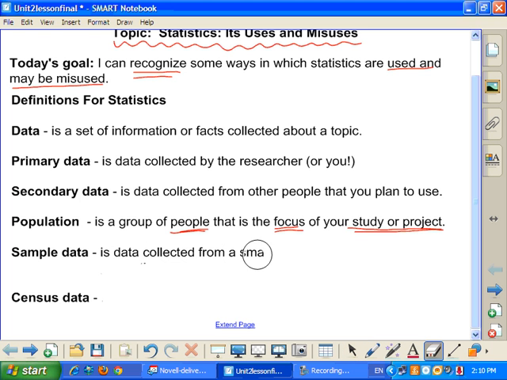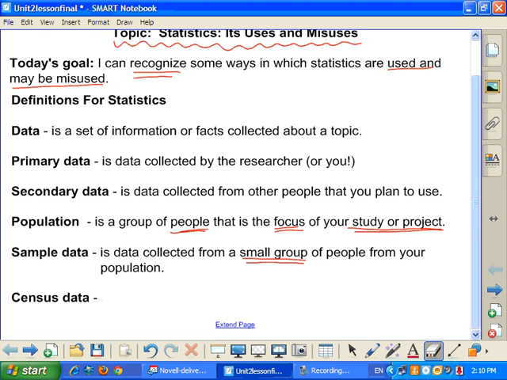Sample data. Okay, sample data is data that you collect from a small group within your population. So for example, if I want to find out how many people at Mitchell High School play hockey, it may take me way too long to go talk to each person. If that's the case, we pick a smaller group and then we make an inference, or we take a guess, a mathematical educated guess as to how many people do that.